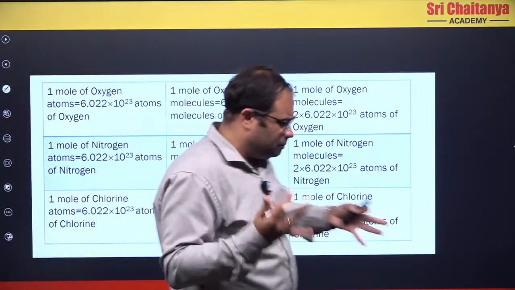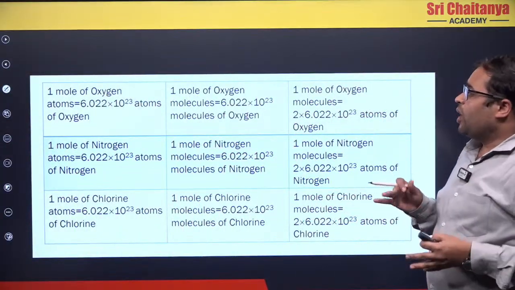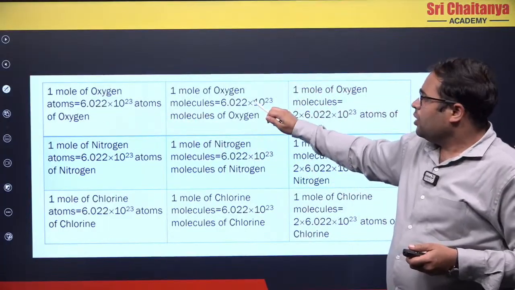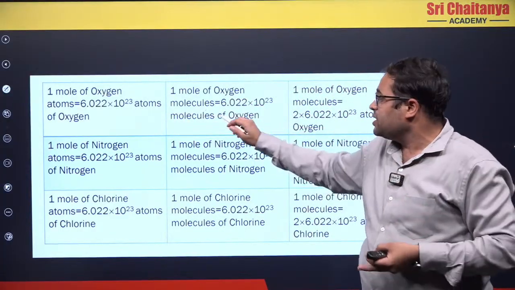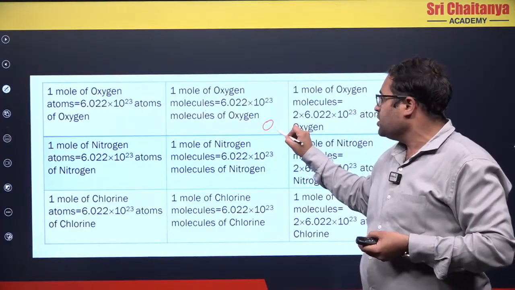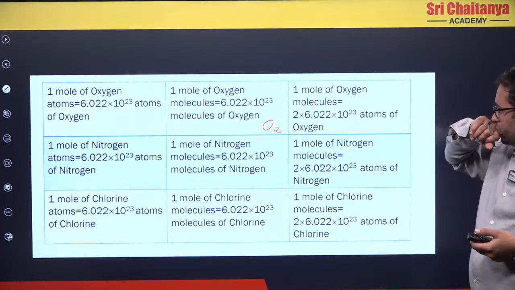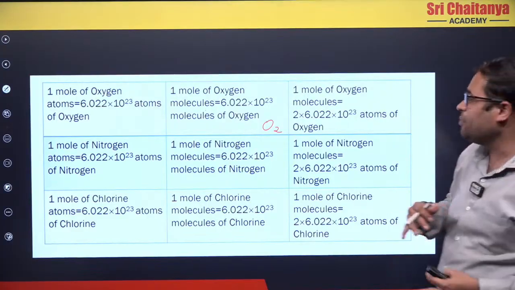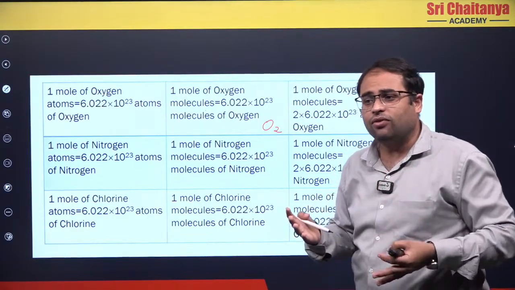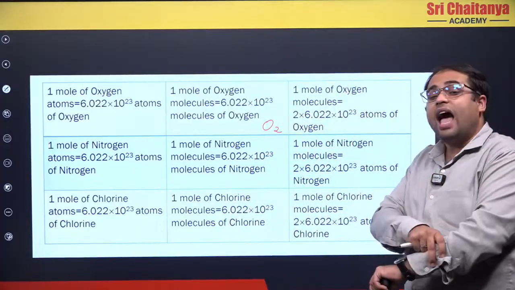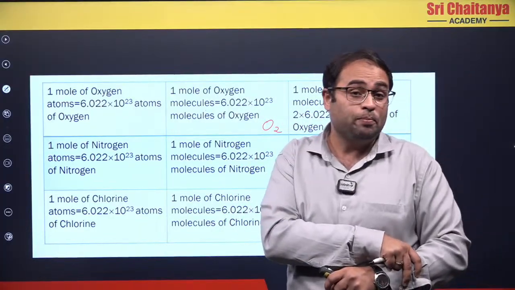Now again, there is a chart here. 1 mole of oxygen means these many atoms of oxygen. 1 mole of oxygen molecules means these many molecules of oxygen, meaning O2. And 1 mole of oxygen molecules will have how many oxygen atoms?